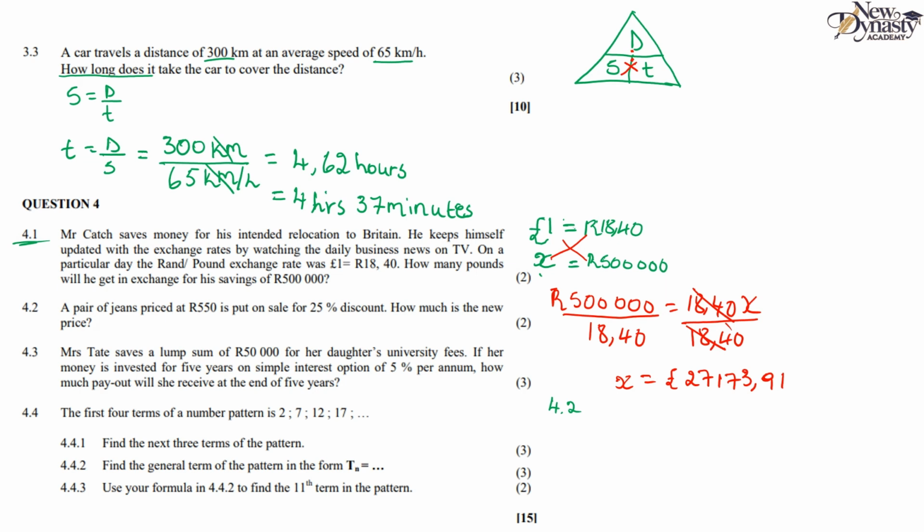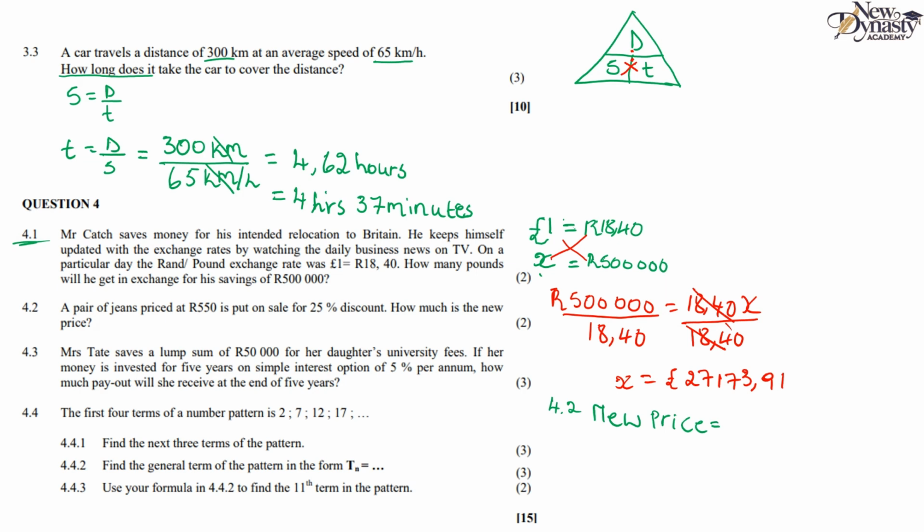So how do you do that? The new price here, we're going to say new price equals, there are two ways of doing this. Since the discount is 25% and 550 is 100% of the price, and then we take away 25%, how much percentage is left?